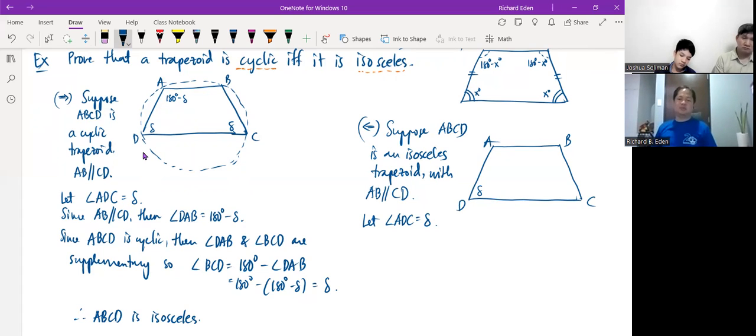Because this is a trapezoid where you have two parallel sides, what can we conclude? The adjacent angles are supplementary.